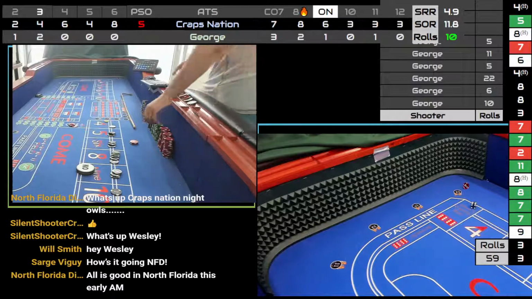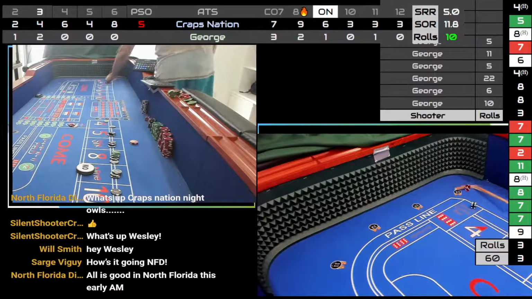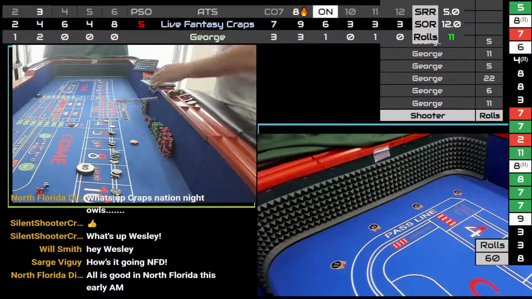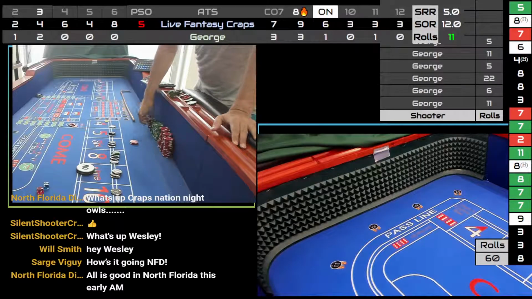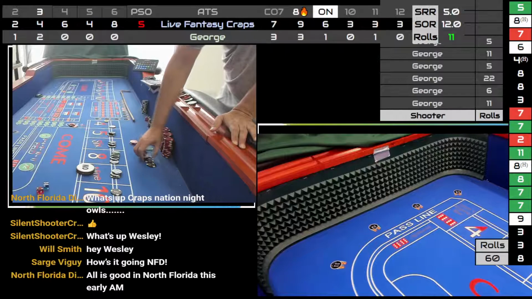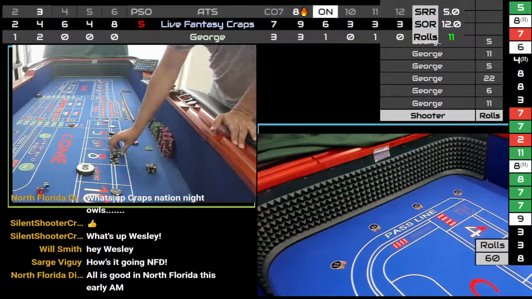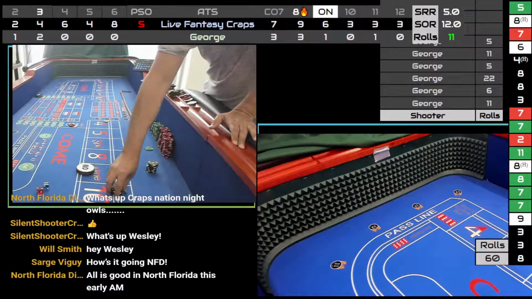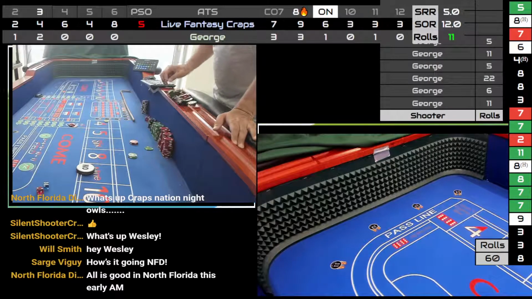6 to 8. Good, good, good. 450 pays 525, plus 350, that's 875 in total. We're happy.